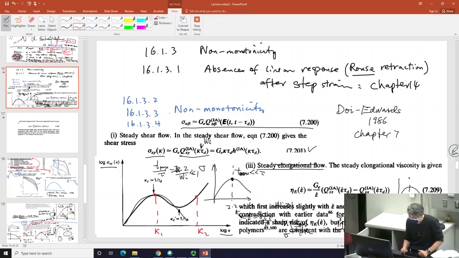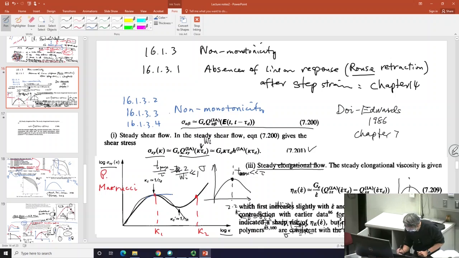And since we didn't see it, Professor Pino Marrucci made a major suggestion about why you don't have shear banding, and that is that this actually never happened.